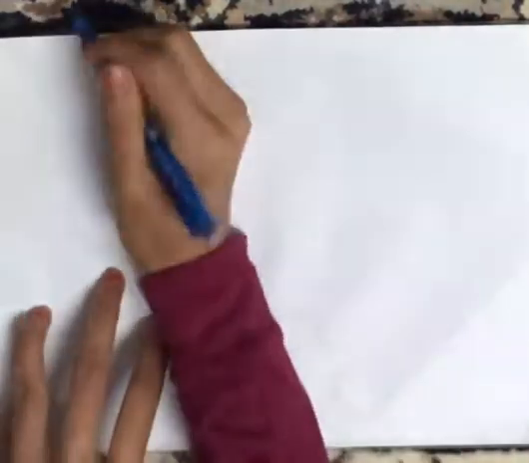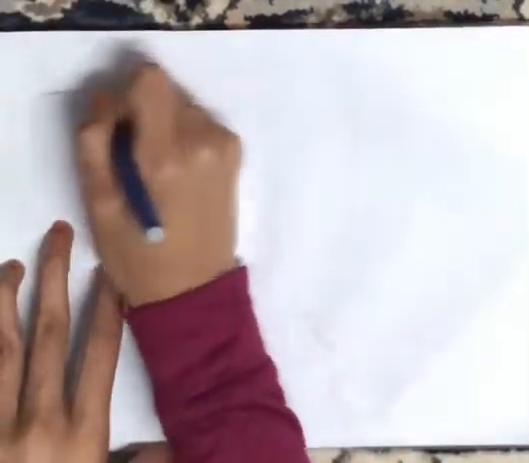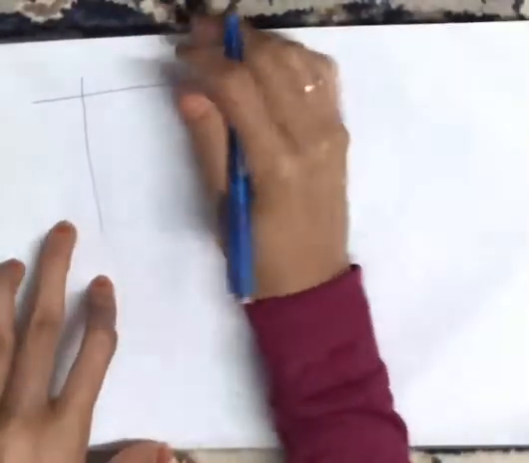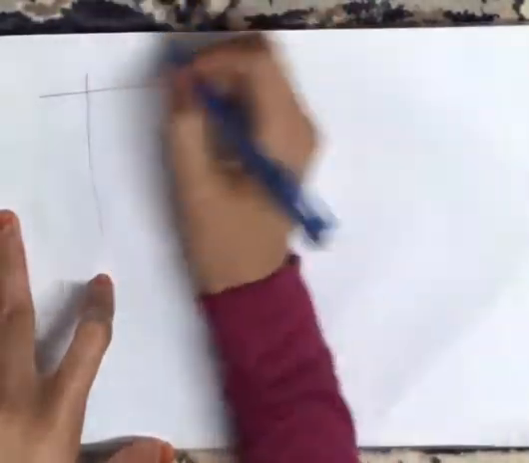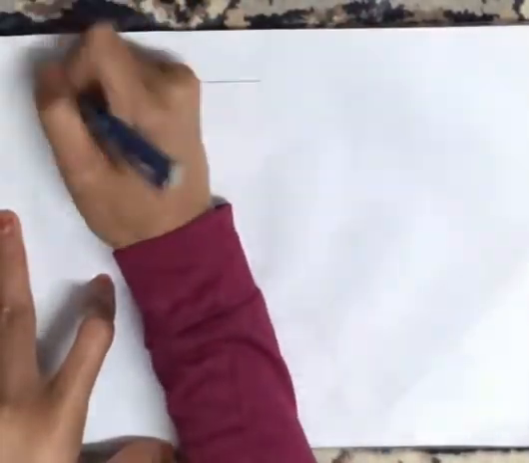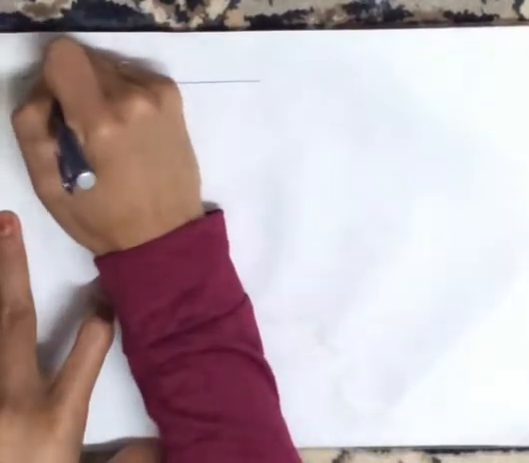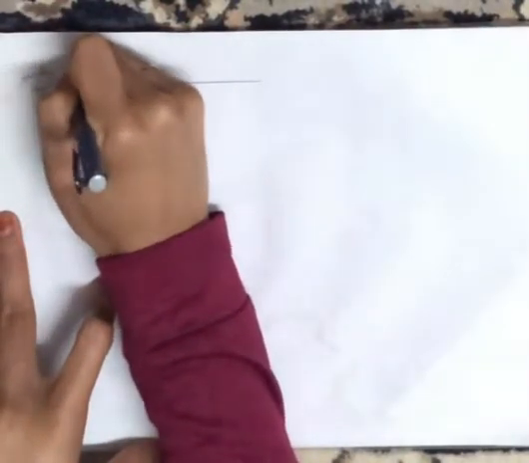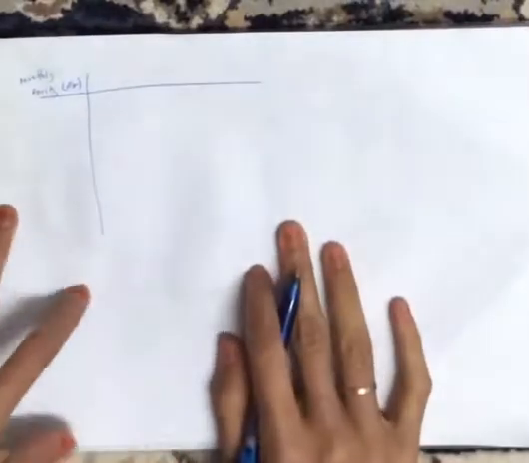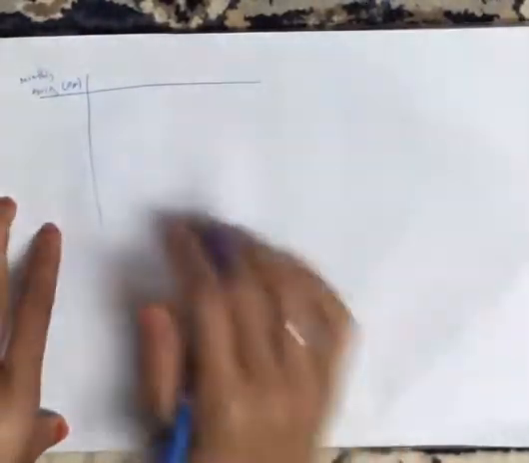Before we go to the example itself, I just want to explain more. For example, this is the monthly earning, in RM of course, the salary.